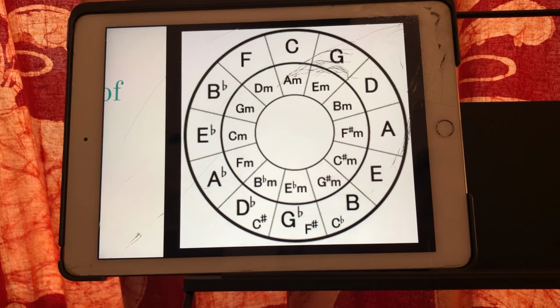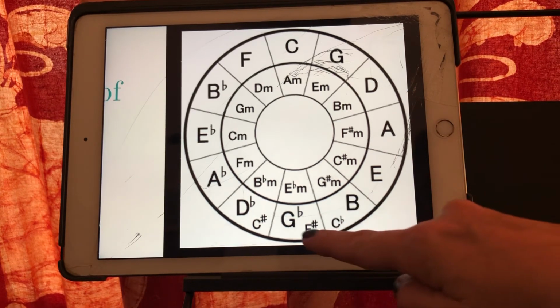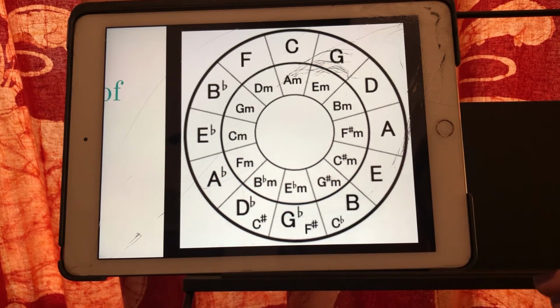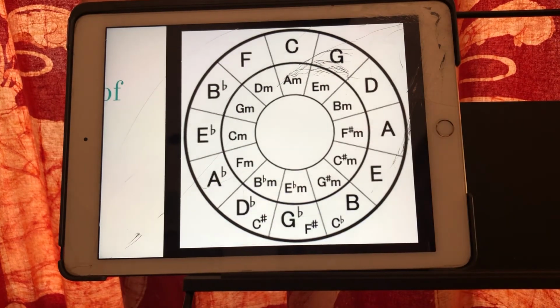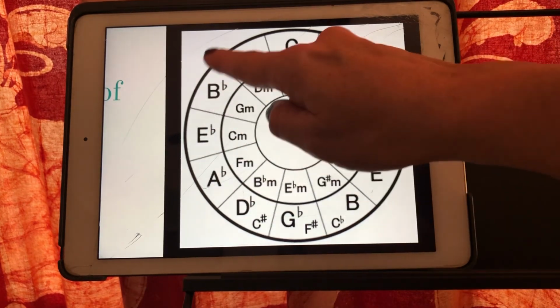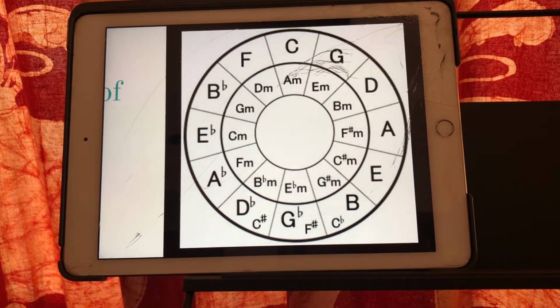A. E. B. Now I'm on an F sharp. If I continue going up, use the sharps. But at some point they usually shift over to the flats so that you can get back to F, because F has a B flat in it.